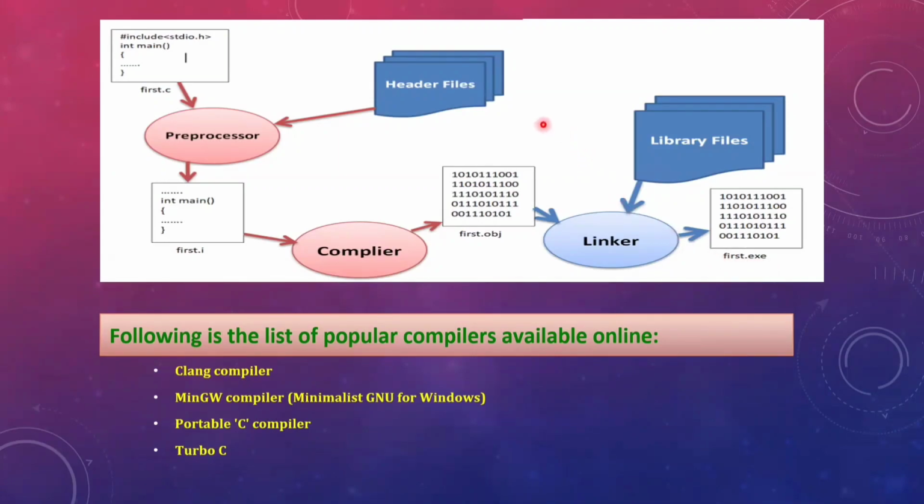You know that we are using functions in our program, and functions have three parts: first is the declaration part, second is the definition part, and third is the calling part.